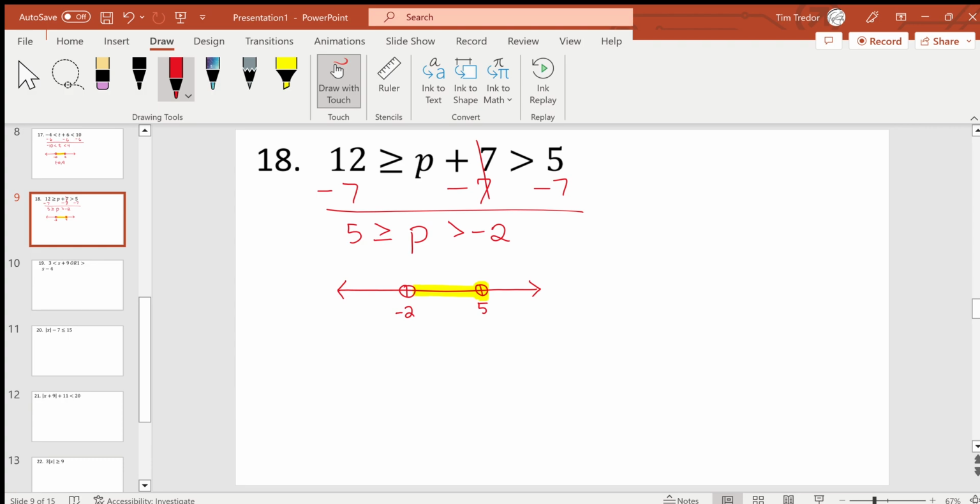For interval notation, we do need to go in order, so -2 to +5, parentheses on the -2 because it doesn't include it, and then a bracket on 5 to include 5.